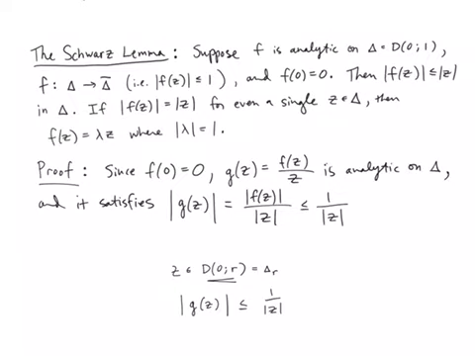But that's backwards from the maximum modulus principle, right? The maximum modulus principle tells us that the max of the norm of g of z actually has to occur on the boundary of this little disk of radius r.